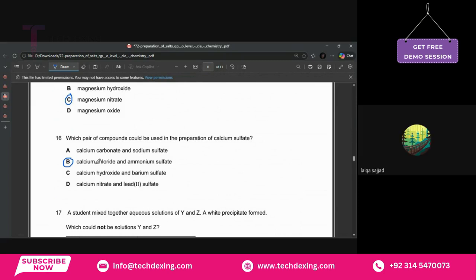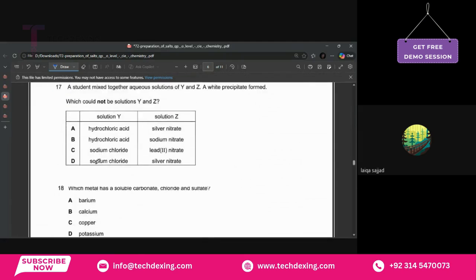We know that calcium sulfate is an insoluble salt, and to prepare an insoluble salt, we require two soluble salt solutions. But in all the other three options, one of the compounds is insoluble. Only option B is the correct option, which contains both soluble compounds, or soluble solutions.